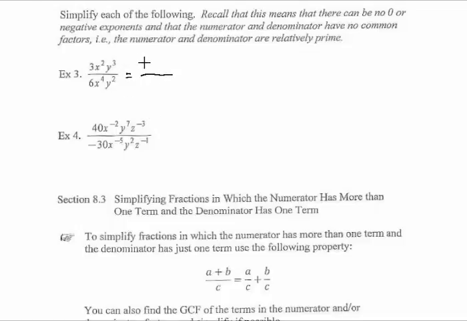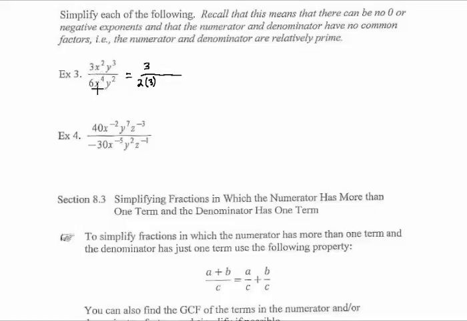So example 3, we factor the numbers. 3 is prime, so we can't factor that unless we write 1 times 3. 6, however, will factor as a 2 times a 3. So we see that we can knock out a 3 here, but I will go ahead and handle the variable parts.